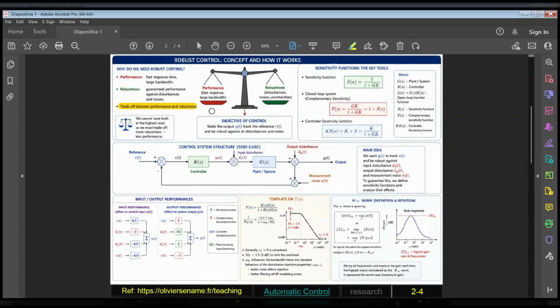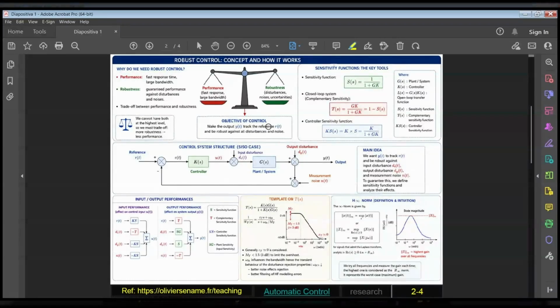Therefore, both performance and robustness are important. However, we cannot maximize both at the same time. There's always a trade-off. If I want more robustness, I usually have to sacrifice some performance. And if I push performance to the limit, I often lose robustness.